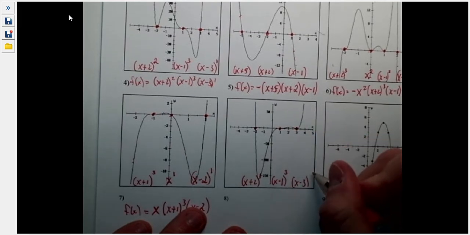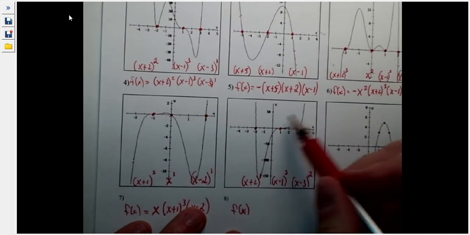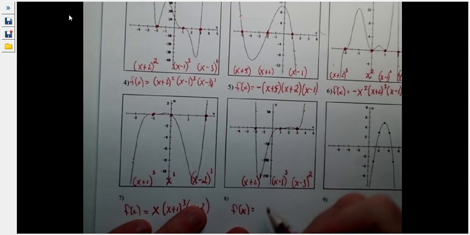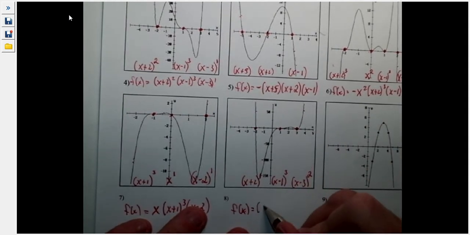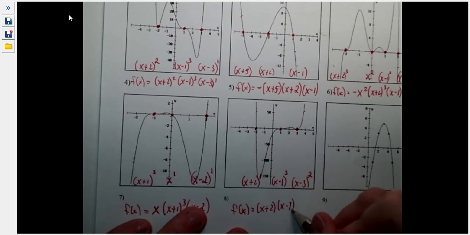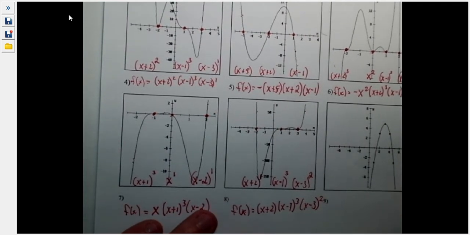And then this one bounces, so that's even. And you can tell that this is going up and up, so it's an even polynomial with a positive lead coefficient. So we're just going to rewrite this. First power, x minus 1 cubed, x minus 3 squared. And that's 1 plus 3 plus 2, which is 6.